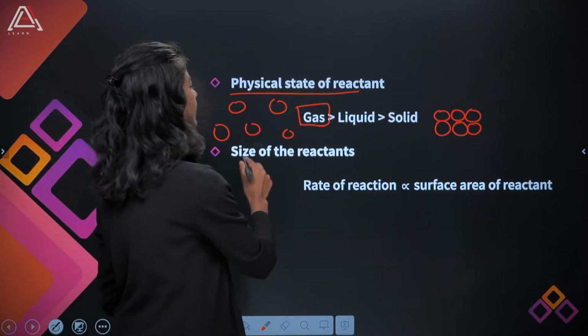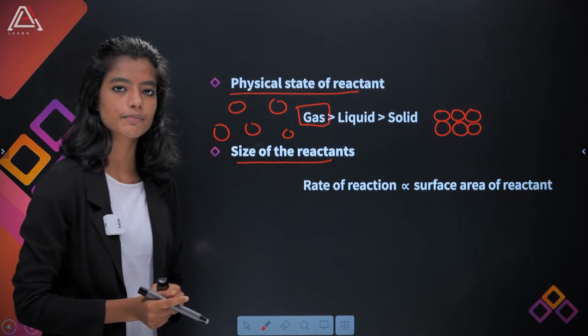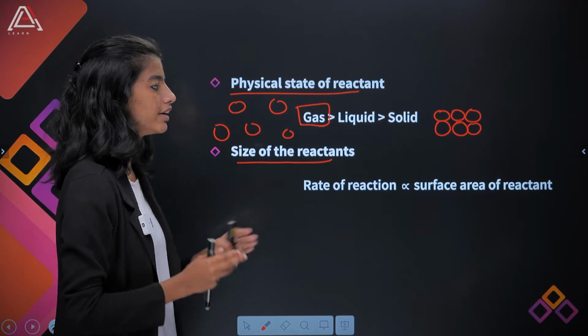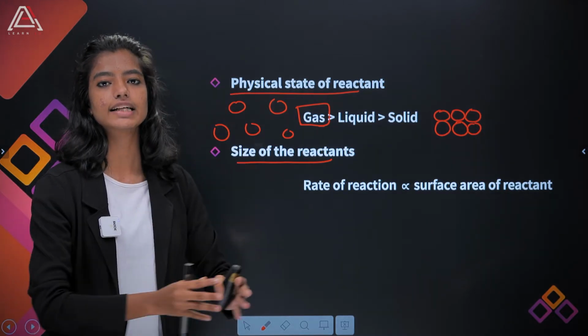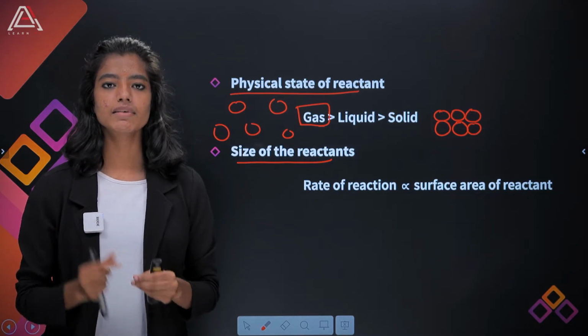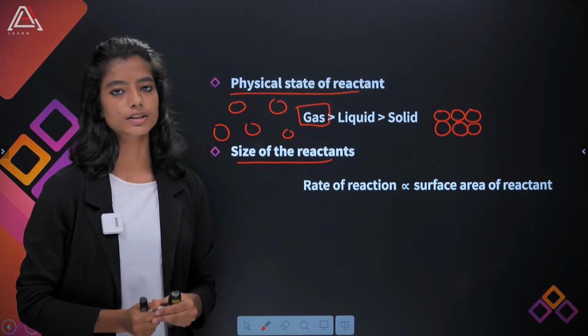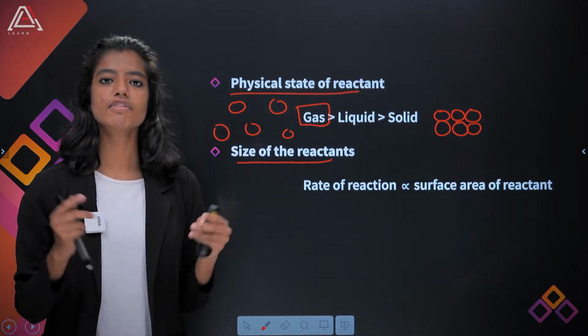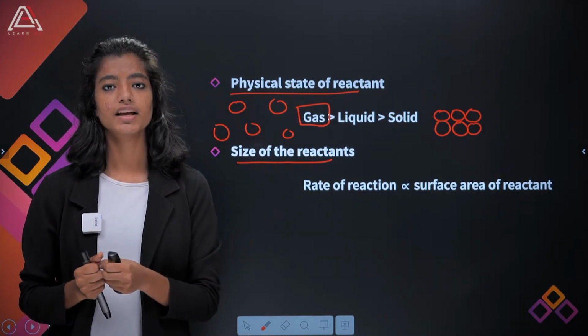And the next one is the size of reactants. The rate of a reaction is directly proportional to the surface area of reactants. Let me give you an example. I have 2 glasses of water. In one of them, I have added powdered sugar, and in the other one, I have added sugar crystals. Which one will dissolve faster?